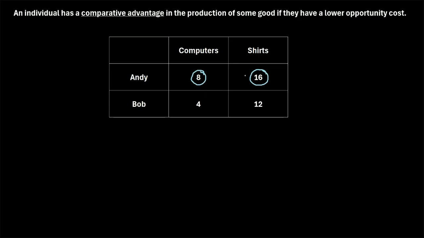But usually when we talk about opportunity cost, we like to frame it in terms of what you are giving up for making just one unit of a good. So instead of making 8 computers, what if Andy just made 1 computer? So in other words, let's do 8 divided by itself. So 8 divided by 8, which is 1. Now, whatever we divide this number by, we also want to divide this number by. So if we do 16 divided by 8, that's equal to 2.